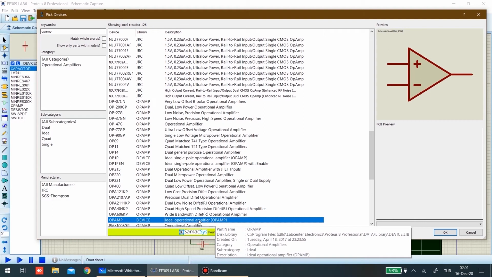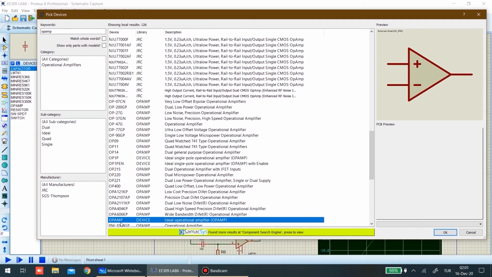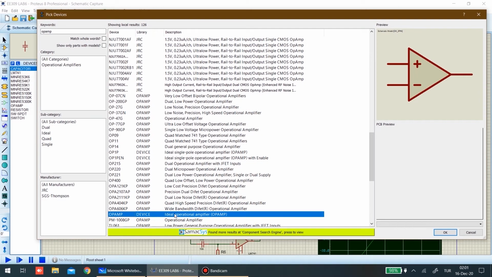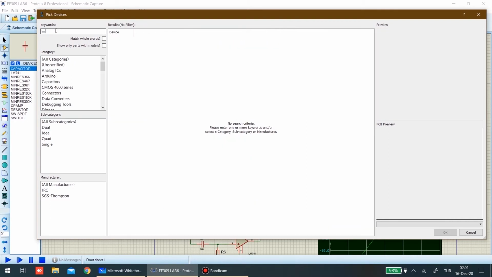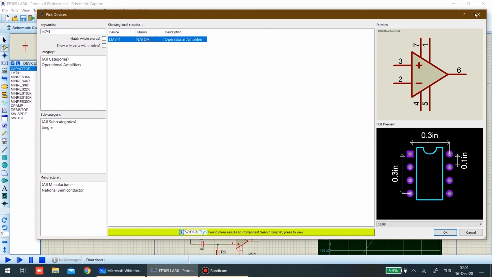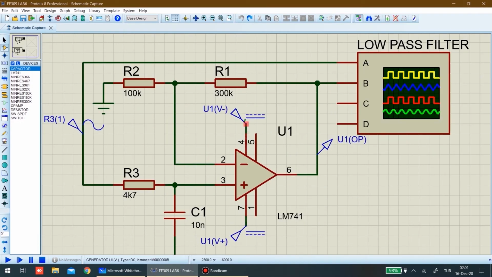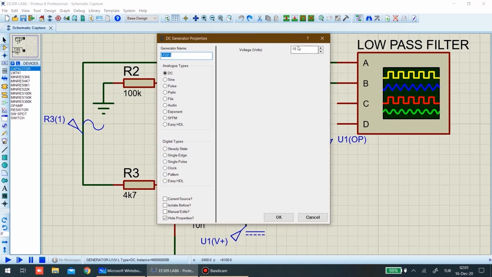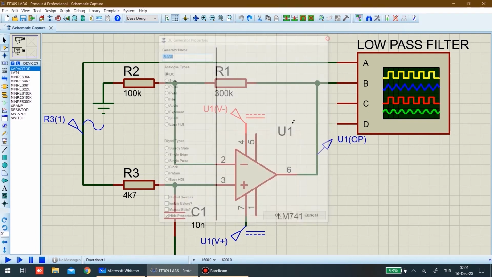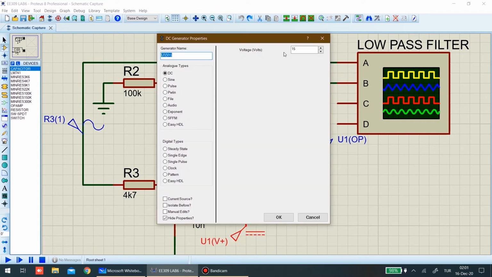However, in order to see the real-life characteristics of any op-amp, don't take this ideal op-amp. Instead, pick LM741. Supply voltage for the negative side is minus 15 volts, and for the positive one, 15 volts.